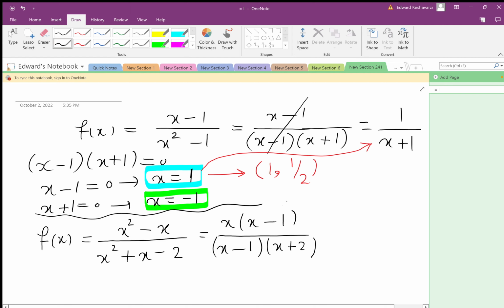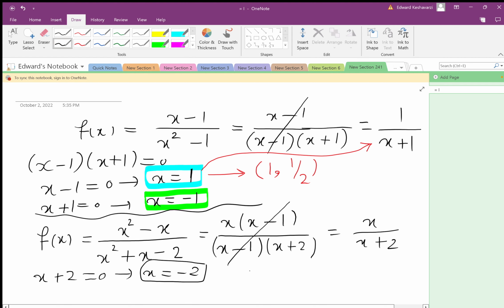Okay, so you can cross out x minus 1, and what remains is x over x plus 2. Set the denominator that stays after simplifying equals 0, so x plus 2 equals 0. Then x equals -2. This is the vertical asymptote, obviously.